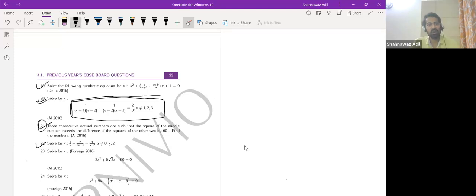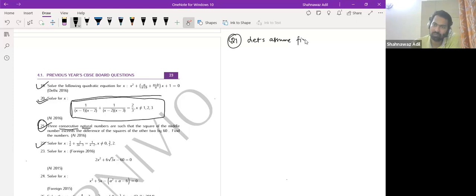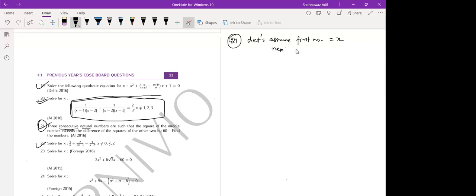So we have three consecutive natural numbers, and this word consecutive is important. So first let us assume the first number is x. So what would be the next number, Shaima? x plus 1.